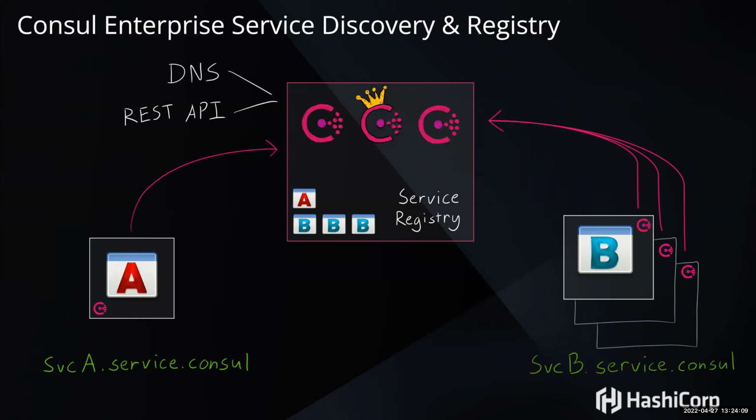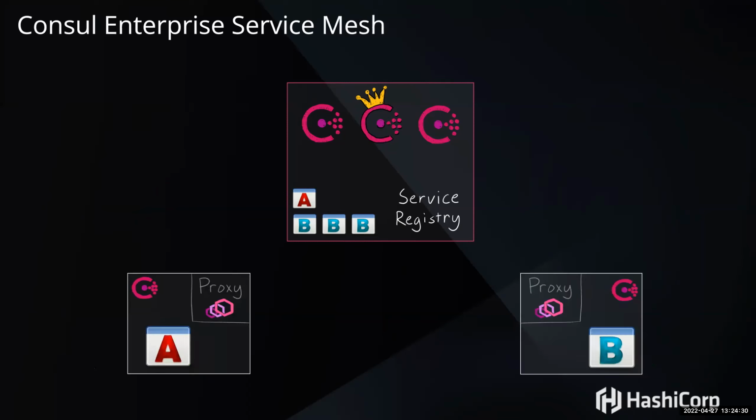Like I mentioned earlier, Consul is a REST API-driven infrastructure, but a lot of applications natively understand DNS, so we allow for that communication as well. The service can make a DNS query to the local agent, and it will give you the destination of the service itself.